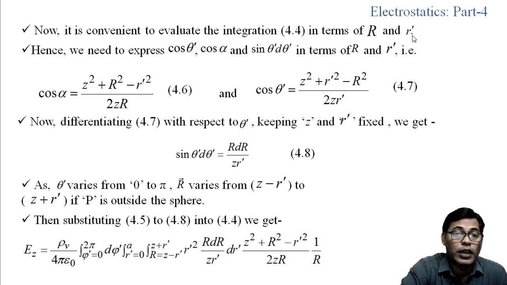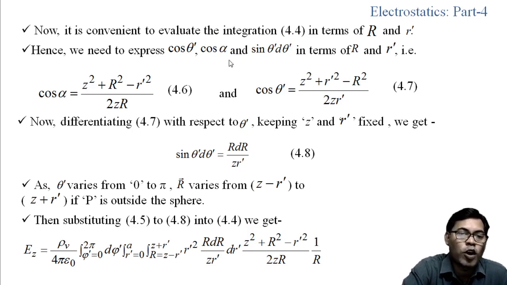If we want to find out the integration of 4.4 in terms of capital R and r prime, we need to express cos theta prime, cos alpha, sin theta prime d theta prime in terms of capital R and small r prime.